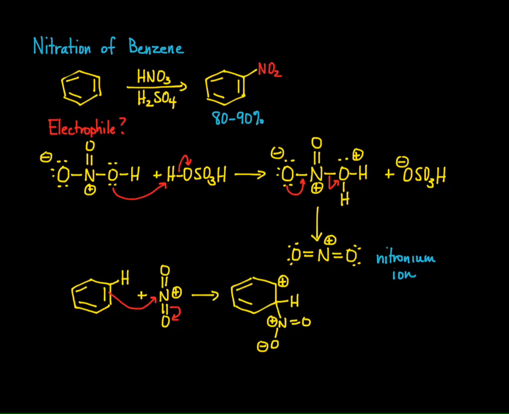The result is a structure that looks like this, where nitrogen again still has a positive charge. Now one of the oxygens has a negative charge, right? The one that accepted the pair of electrons has a negative charge, and then the other oxygen still has a double bond to nitrogen. And of course we're creating the cyclohexadienyl carbocation as well, which again is stabilized through resonance, placing a positive charge on these two carbons as well.